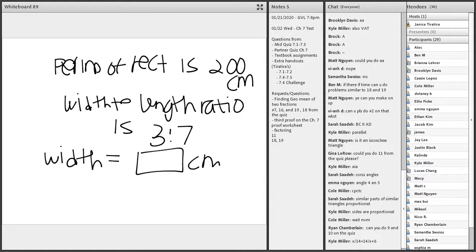Okay, so think about this, right? We're trying to figure out the width of this rectangle, and the width to length is the 3 to 7 ratio. If you have paper in front of you, I would try to do this as a practice problem at home. And the answer is not 60. The answer is not 60 centimeters.